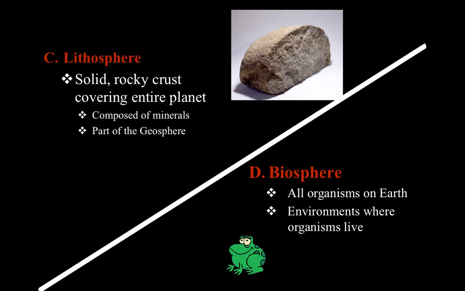So when we're looking at these four spheres, all four spheres can and often are present in a single location. For example, a piece of soil will of course have mineral matter from our lithosphere, but it can also have elements of the hydrosphere present. So for instance, if there's moisture in the soil.